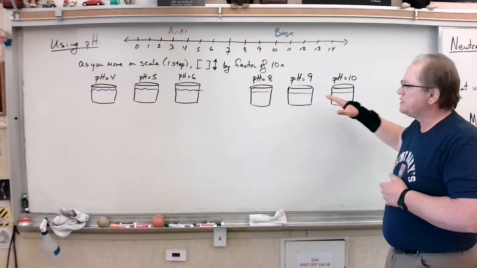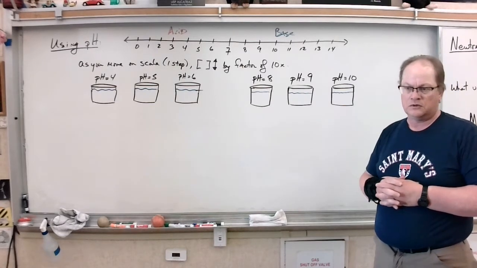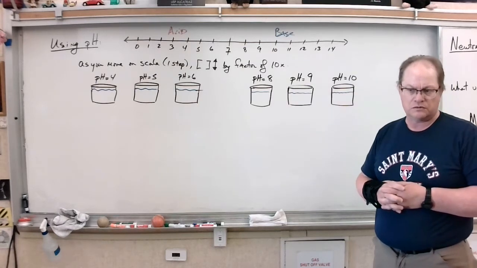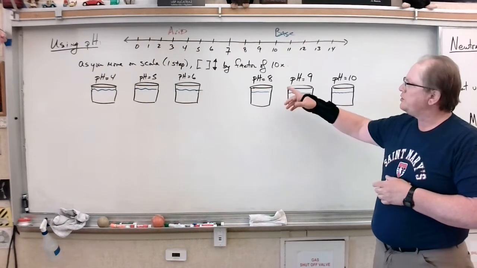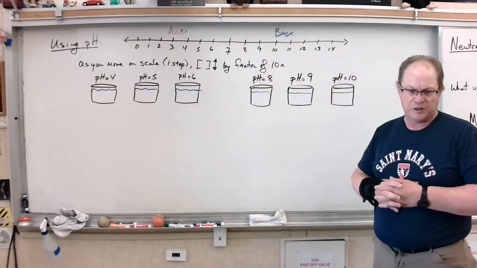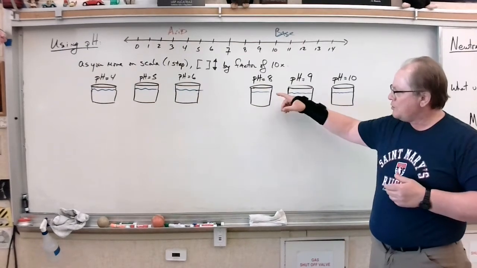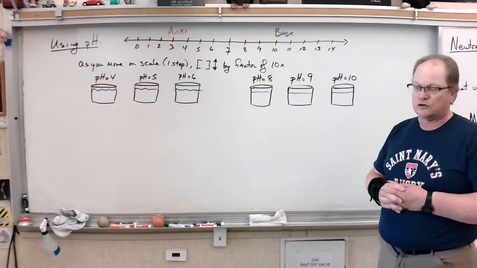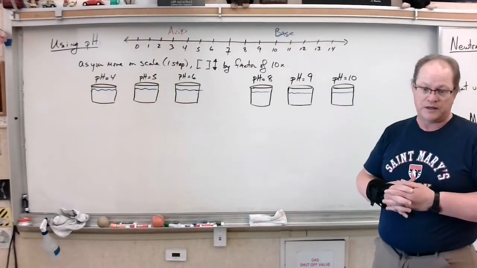So here I have some containers of liquid, and they're labeled with various pHs. So let's take a look here at this pH 8 for a minute. Here's a container with a certain amount of pH 8 solution in it. So pH 8 tells me it's a base. The number's bigger than 7, it's got to be a base.